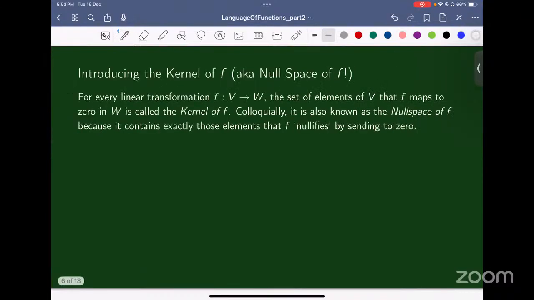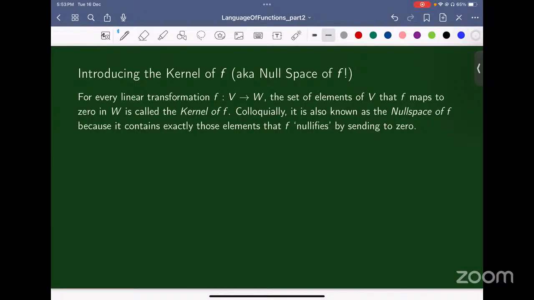Moving on, I would like to introduce you to the kernel of a function. A small disclaimer here that we don't immediately require this concept in the things that we are doing currently, but it will come up at some point. Also, some people in the group specifically asked about it.